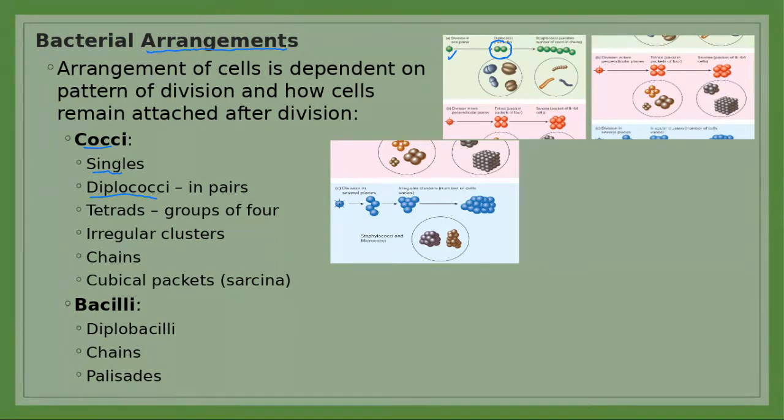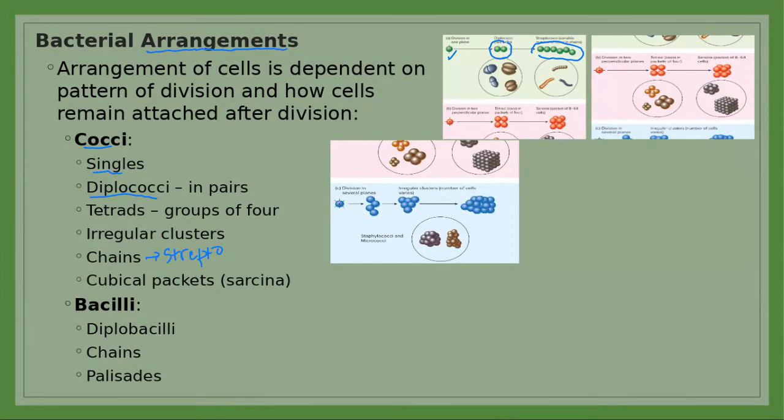Or maybe making a chain of bacteria over here. That chain arrangement is called strepto. So if you see streptobacillus or streptococcus bacteria, the one that causes strep throat, it has an arrangement like a chain.